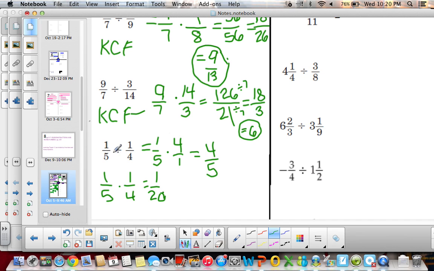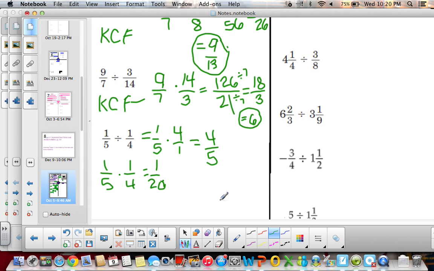So the first number that we start with, that's the number that's being divided by whatever the second number is. So you can see there's a major difference between multiplying by 1/4 and dividing by 1/4. We get totally different fractions. One's less than, one's greater than. So something for you to think about.